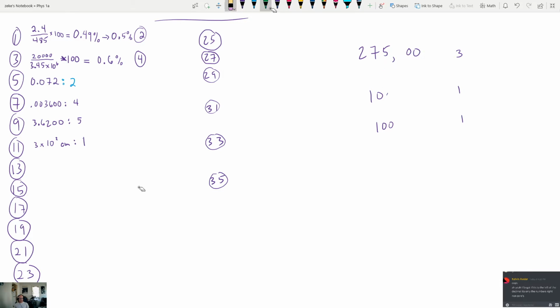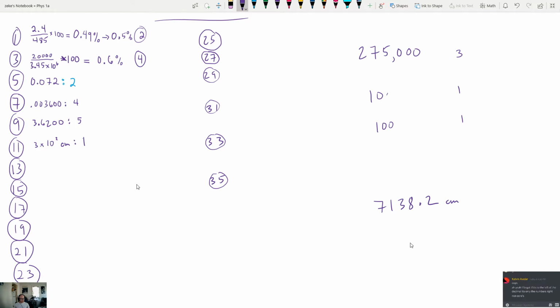Okay, so just to cover some situations that we didn't cover. Okay, we're on number 13. We have a measurement, and the measurement is 7138.2 cm, and we're supposed to figure out how we should write the measurement if we measure it to 4 sig figs.